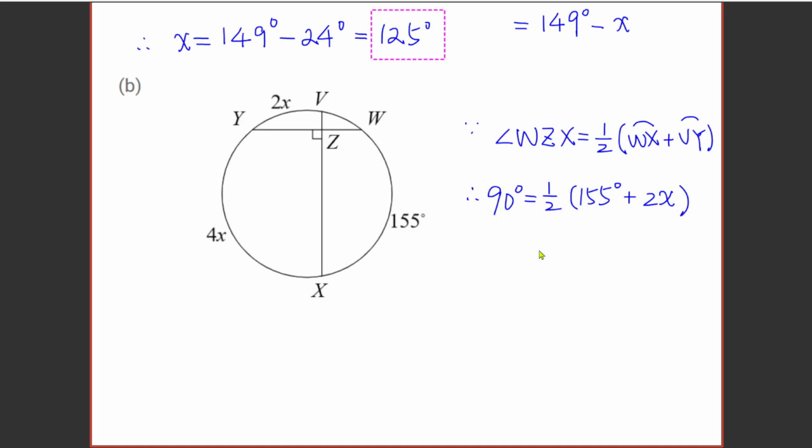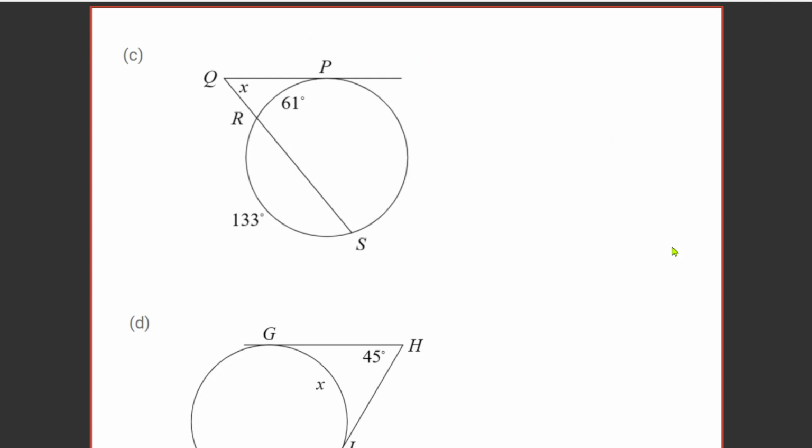This is what the diagram tells us, from which we can solve x to be 12.5 degrees, right? Alright, then let's consider question C.